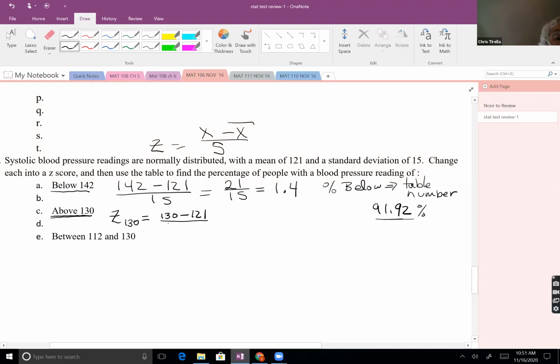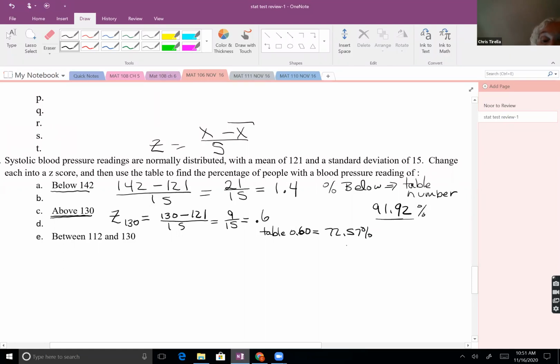So here, the next one would be 9/15, which is 0.6, I think. Yes. And so from the table for 0.60, 72.57. 72.57%.